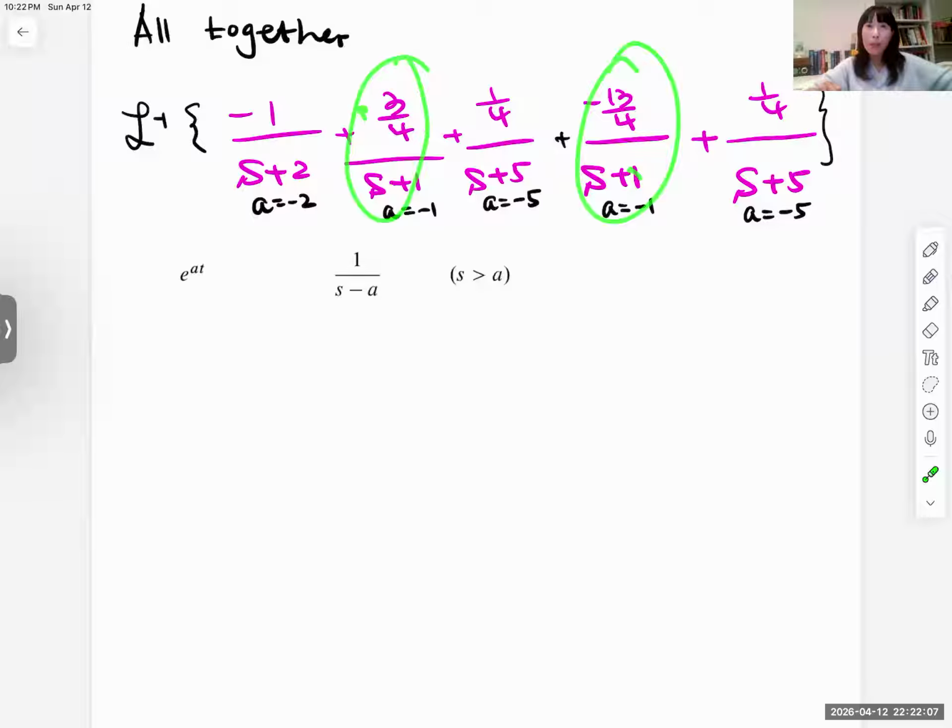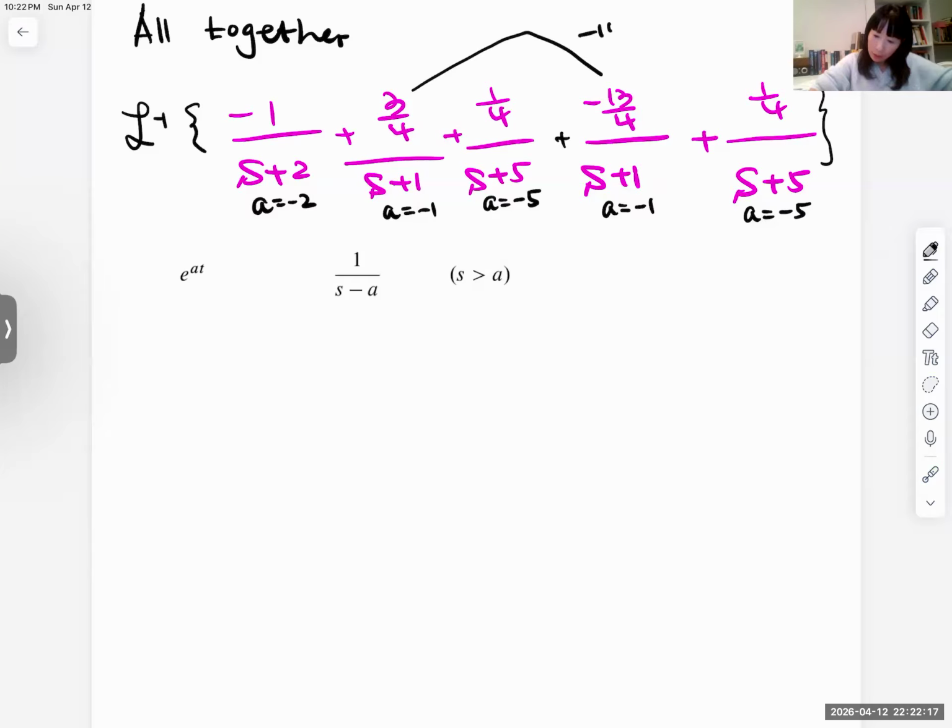Combining, we get -10/4, which is -5/2. Yeah. How about combining this and this? 1/4 plus 1/4 is 2/4, which is 1/2. Yeah.